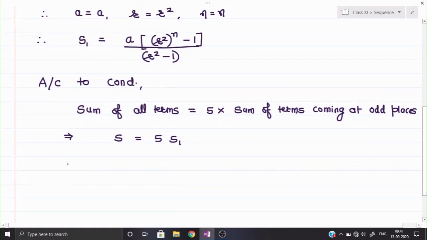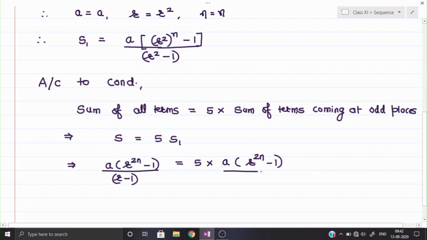S we have here is a into the bracket r to the power 2n minus 1, upon r minus 1. That is equal to 5 into a into the bracket r to the power 2n minus 1, upon r square minus 1, where you observe 2 and n have been multiplied. I am writing r square minus 1 as r minus 1 into r plus 1 by the formula a square minus b square.